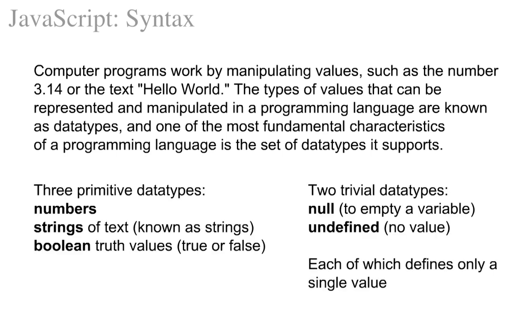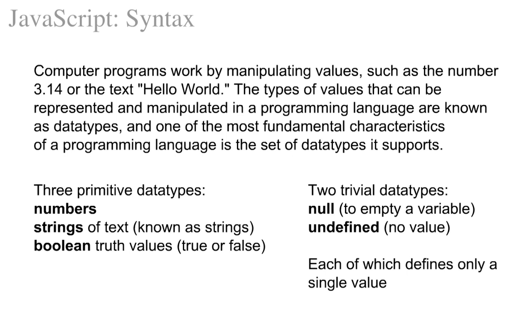JavaScript allows you to work with 3 primitive data types: numbers, strings of text, known as strings, and Boolean truth values, true or false. JavaScript also defines 2 trivial data types, null and undefined.